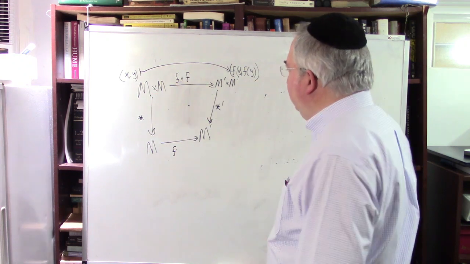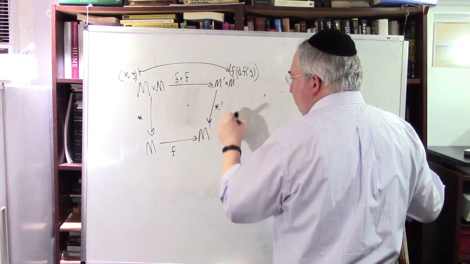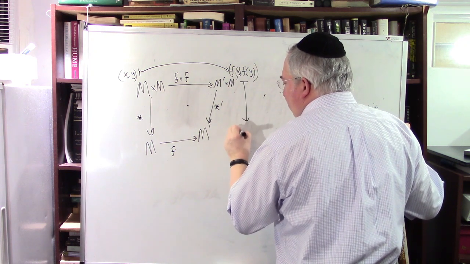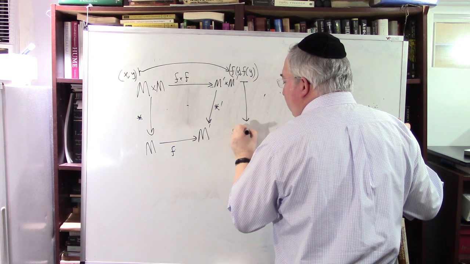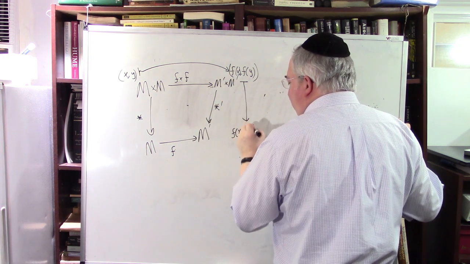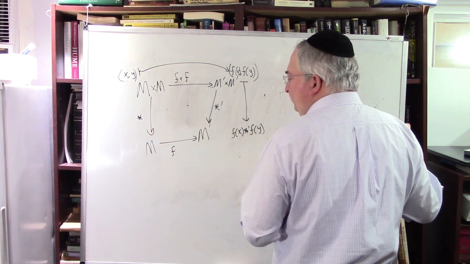Okay, we're going to apply this function to here and here. We're going to multiply them here, and we're going to get f of x times, with the prime, f of y.